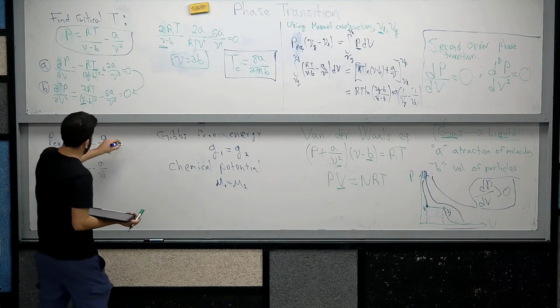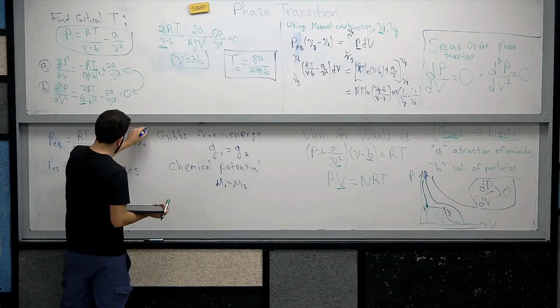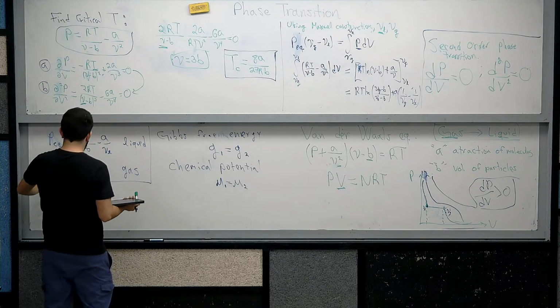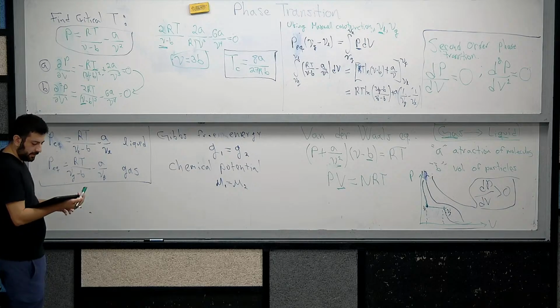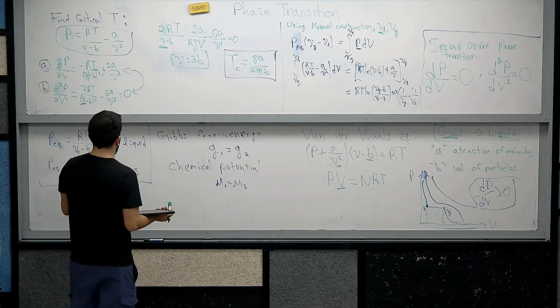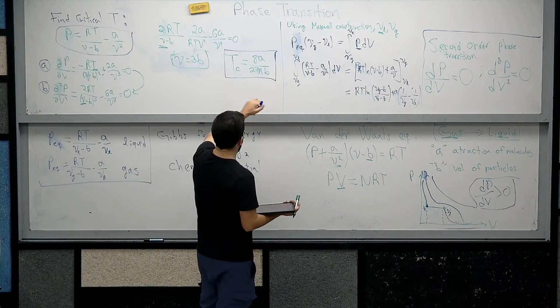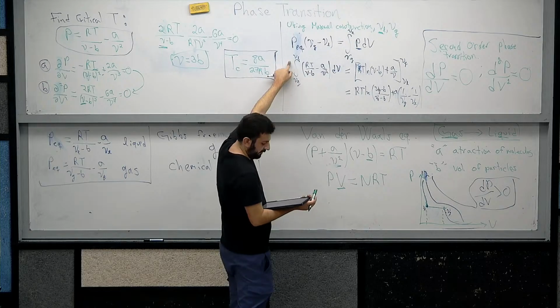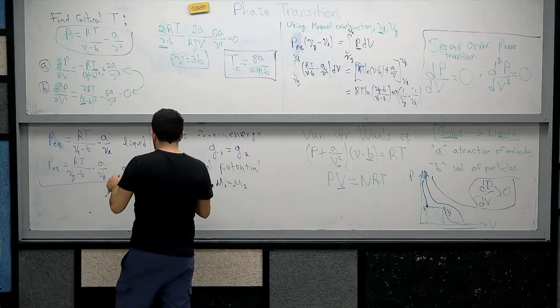This is for the liquid phase. This is for the gas. And then we want to have a relation between the molar volume of the gas and the molar volume of the liquid, right? Okay, so how do we do that?